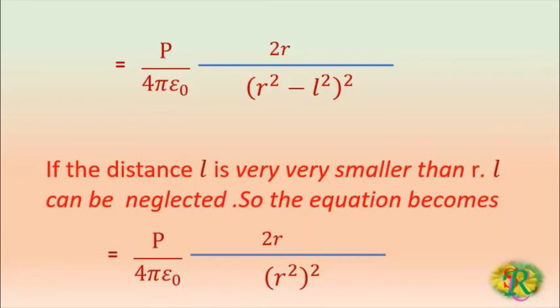You already know the distance r we consider is very much greater than L, or the distance L is very small compared to r, so L can be neglected. When you neglect the L, the equation becomes P by 4 pi epsilon 0 into 2r by (r square) the whole square.